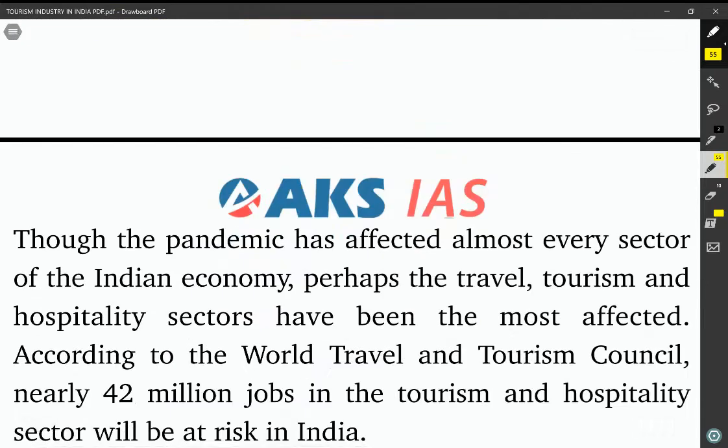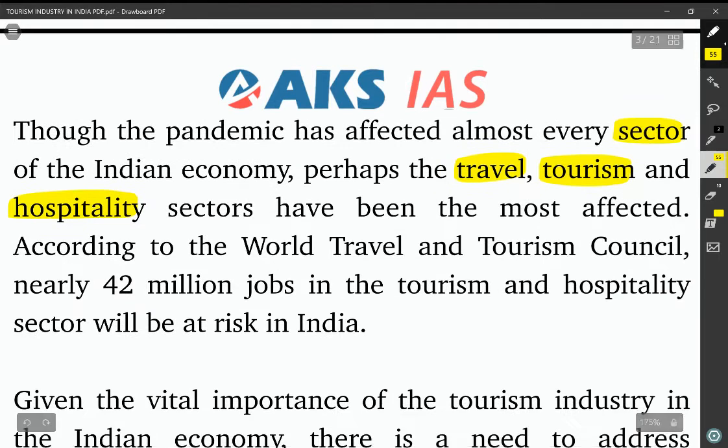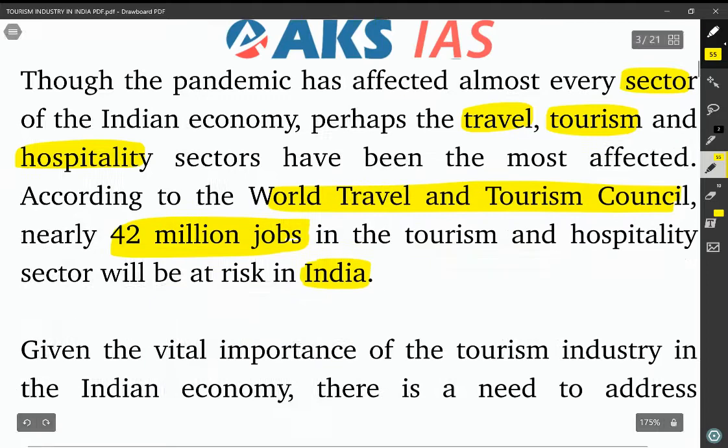Though the pandemic has affected every sector of the Indian economy, perhaps travel, tourism, and hospitality sectors have been the most affected. According to the World Travel and Tourism Council, an international organization, nearly 42 million jobs in the tourism and hospitality sectors will be at risk in India due to the COVID-19 pandemic and the aftermath.